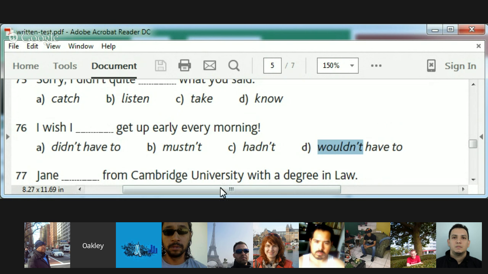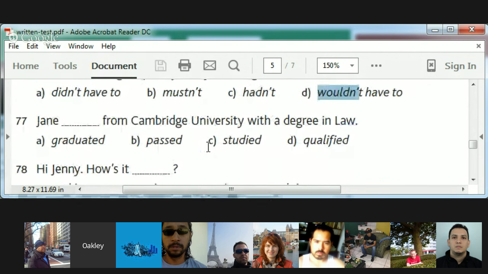So we would generally use "would" to talk about the future, but "have to" here because "have to get up" is present. "Have to" can be about the future as well, but we generally don't use "wouldn't" for the present tense to talk about things now or usual, normal things, present simple tense things. Okay, thank you.